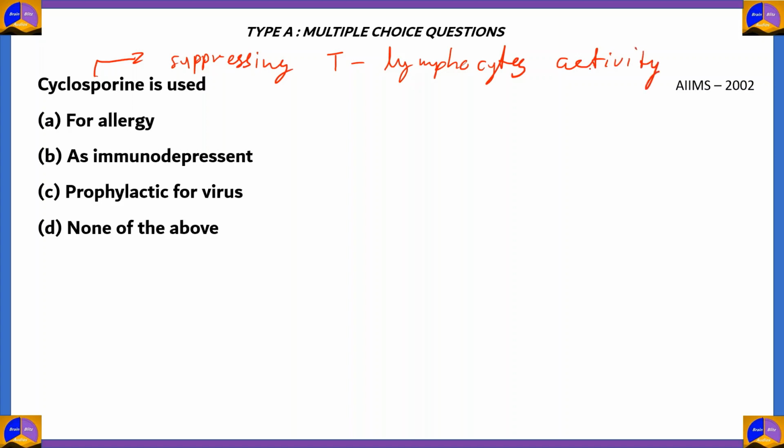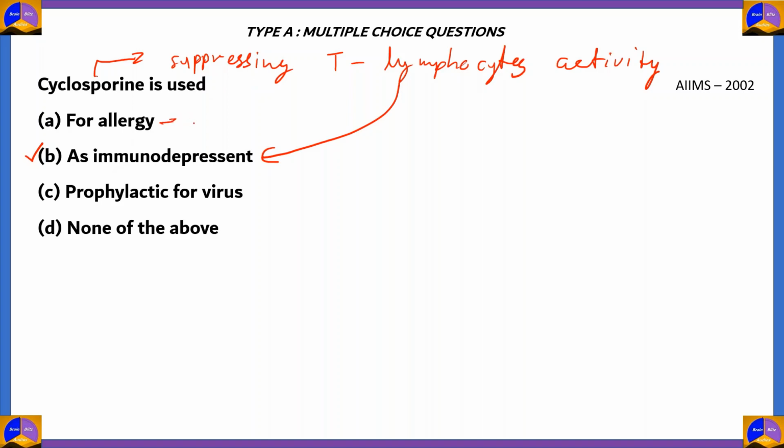When it suppresses T lymphocyte activity, it acts as an immunodepressant. An immunodepressant is something that suppresses immunity, and T lymphocytes are a part of the immune system. So if cyclosporin is suppressing T lymphocyte activity, then it is an immunodepressant. So option B is the right option. What about option A for allergies?